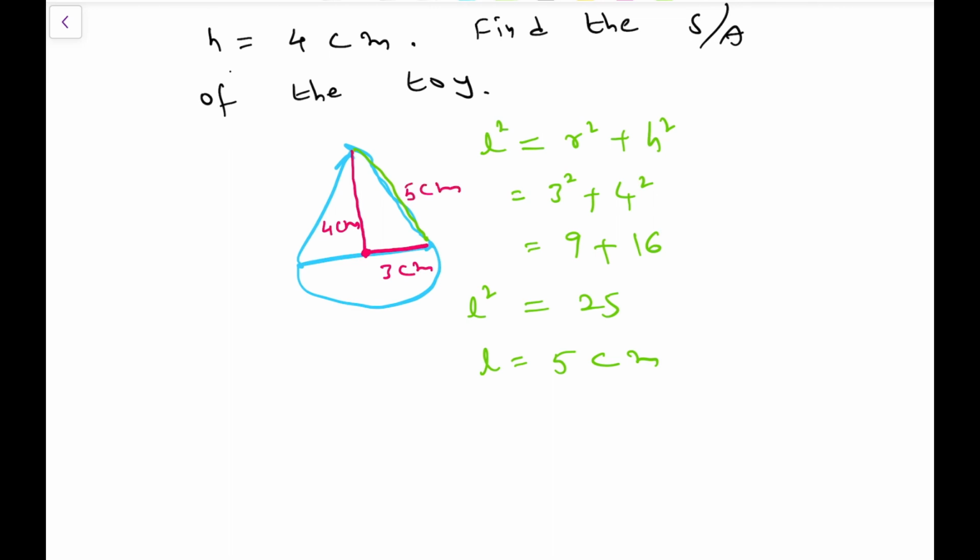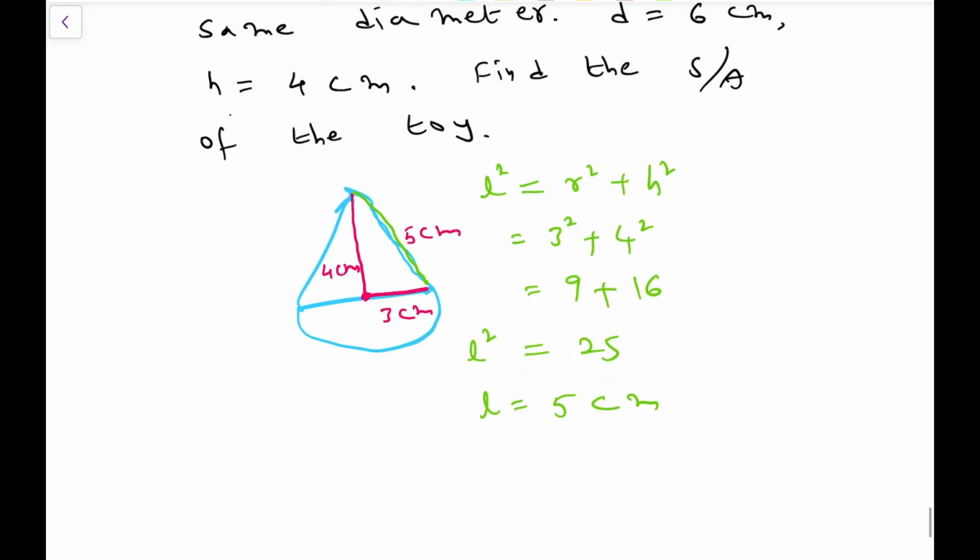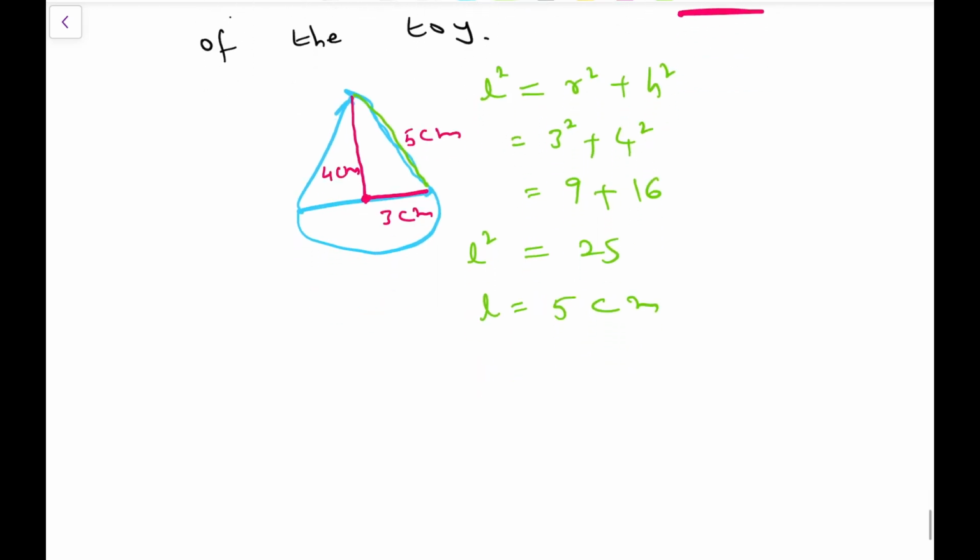Okay, now here down we have hemisphere and up a cone. So what he is asking to find out exactly is surface area, and in this case he did not mention whether we need to find out the curved surface area or total surface area. Now if you observe this clearly, here cone and hemisphere both are pasted together, right? So for this cone we couldn't see this bottom part because it is stuck to the hemisphere, and hemisphere top also we couldn't see because that is the same part of cone.